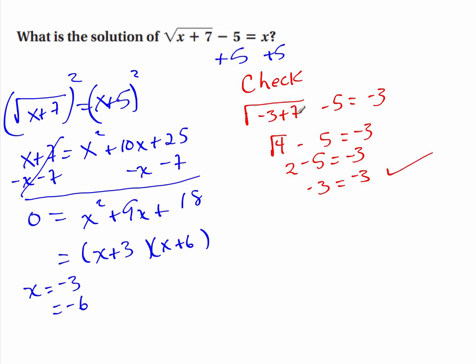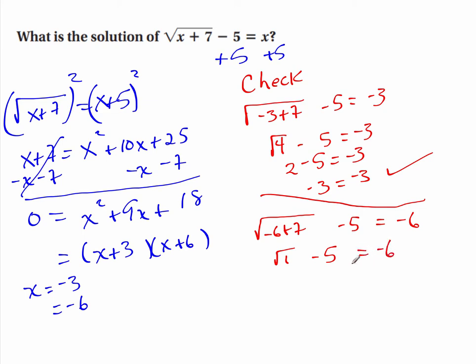Remember, as long as we're not taking the square root of a negative number, and as long as we're not taking a square root and setting it equal to a negative number, we're okay. So there's one solution. Let's check the other one, negative 6. The square root of negative 6 plus 7, minus 5, does that equal negative 6? Well, this is the square root of 1 minus 5.